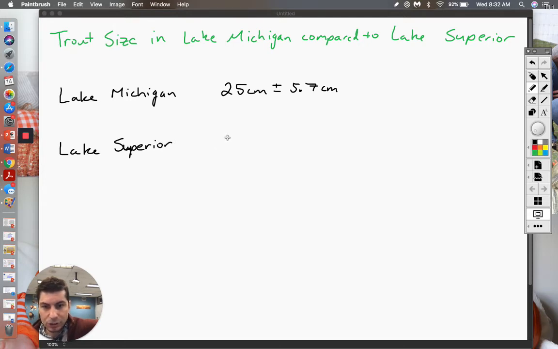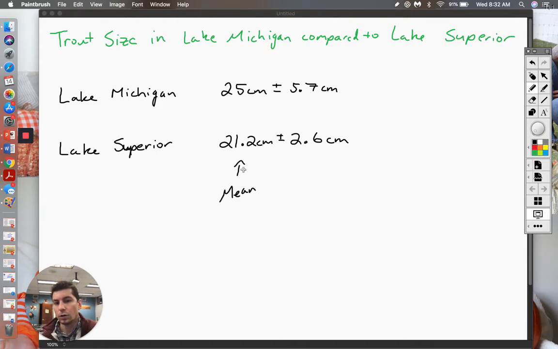maybe the average is 21.2 centimeters with a standard deviation of 2.6 centimeters, standard error. Okay, so what they're going to give you is this first number here. This is going to be our mean.